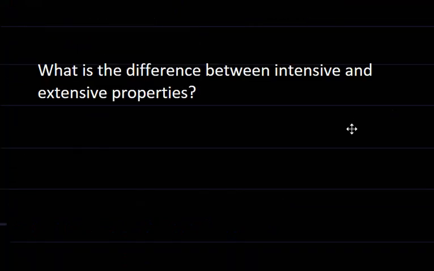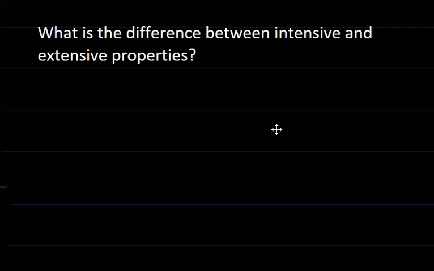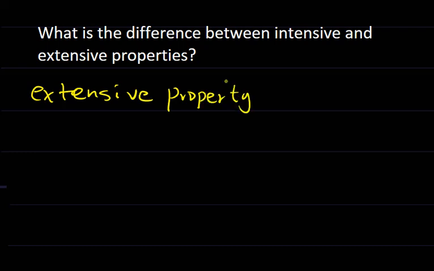Okay, so this is another definition. The question goes this way: what is the difference between intensive and extensive property? Now, in thermodynamics, a property is said to be an extensive property if it is mass dependent.